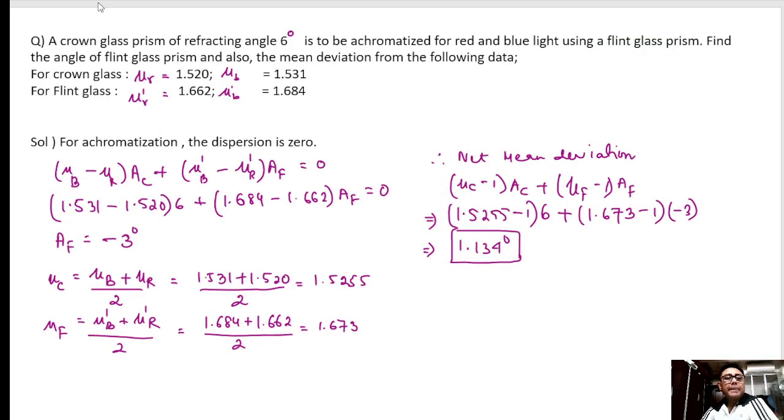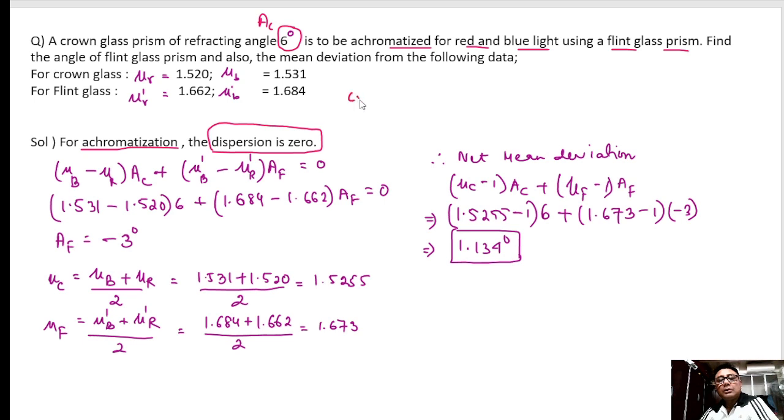Next is a crown glass of refractive angle, that means this is AC, is to be achromatized for red and blue light using a flint glass. What is achromatized? Achromatization means dispersion is 0. Net dispersion will be 0. So what is that net dispersion?